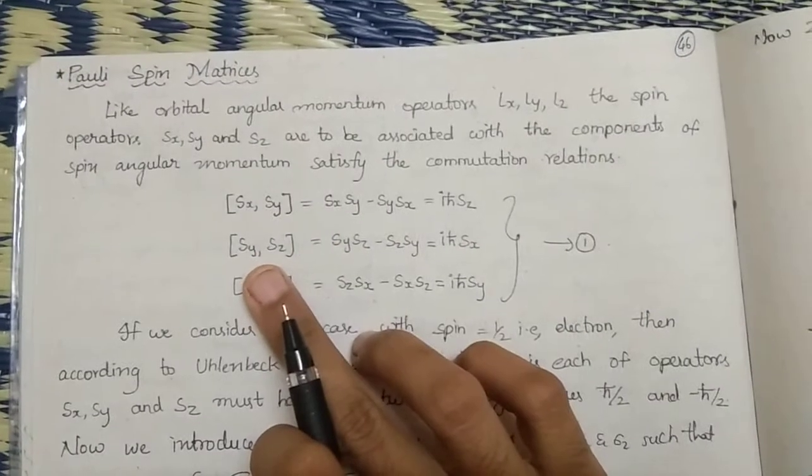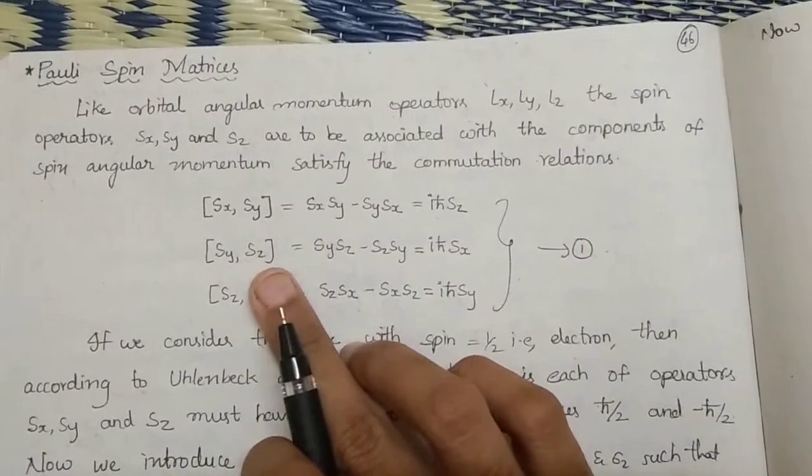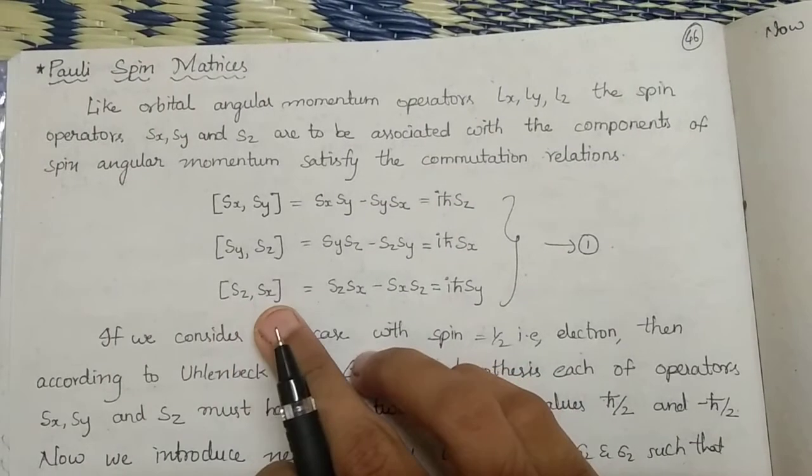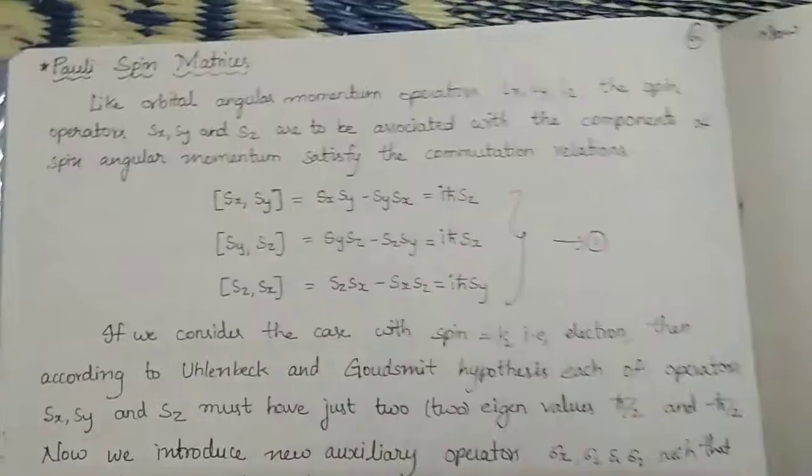In the same way, the commutation of Sy, Sz gives i h cut Sx, and the commutation of Sz, Sx gives i h cut Sy.